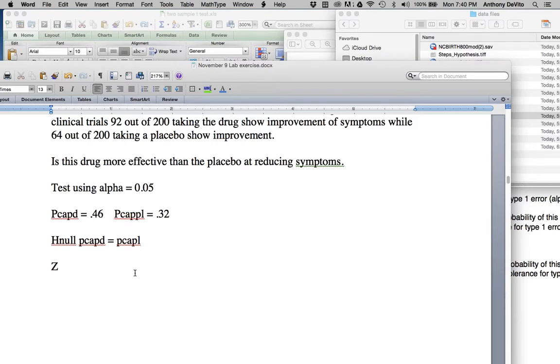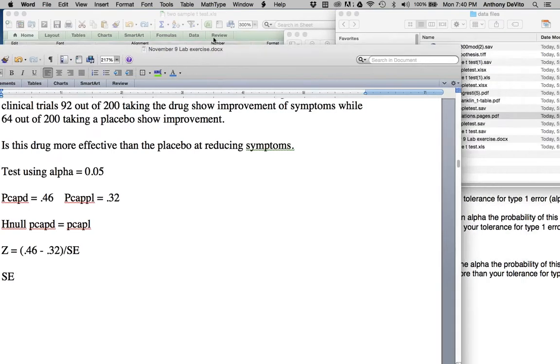Well, our z-score is going to be equal to p-cap of the drug minus p-cap of the placebo, which is 0.46 minus 0.32. That's the top part of our equation, right? And the bottom part is going to be our standard error. So now we've got to calculate our standard error. What's our standard error going to be?